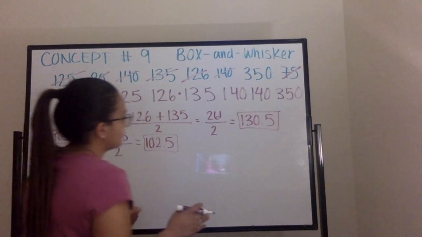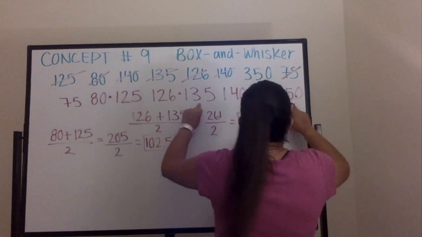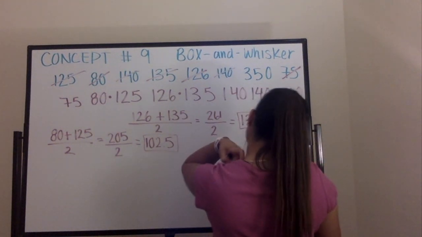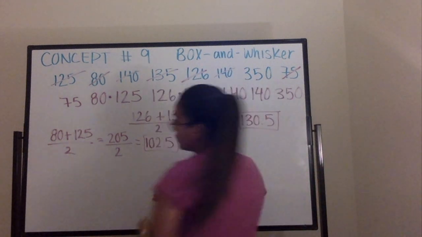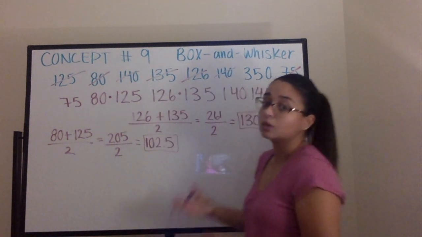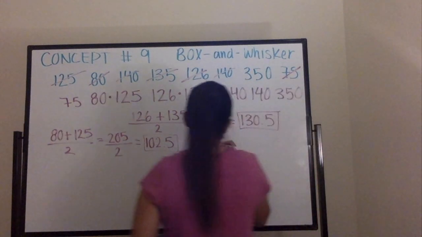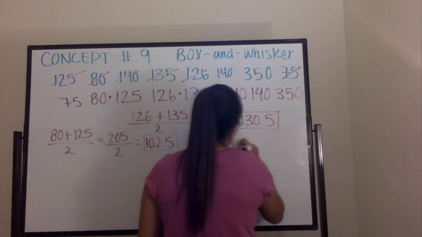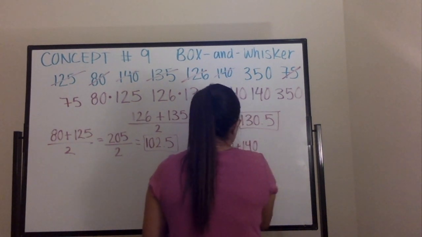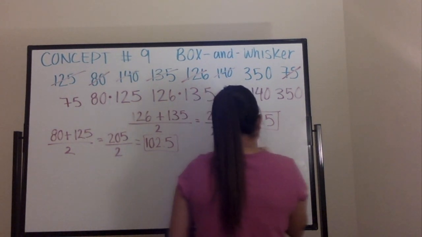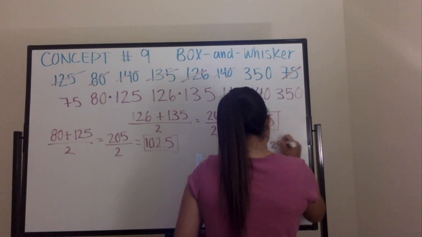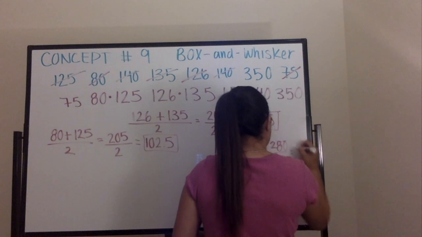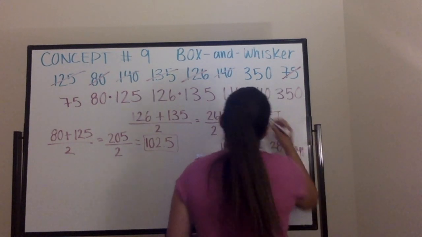And now this side, our middle would be right in between the 140s. So we're going to do the same thing. Even though they are the same numbers, we are still going to go right in between. So 140 plus 140 over 2 is 280, divided by 2 is 140.